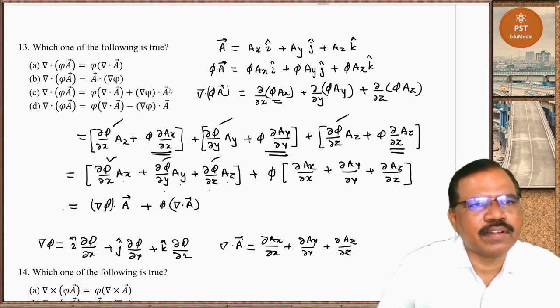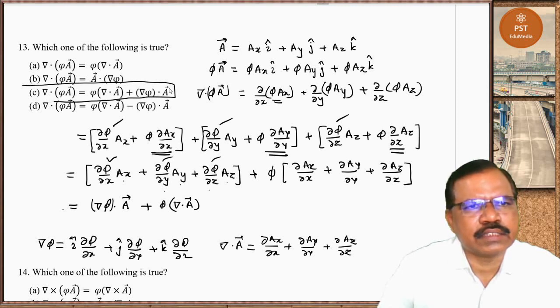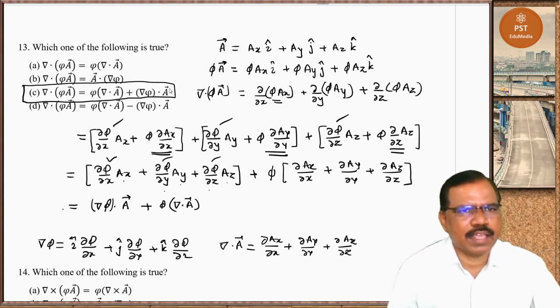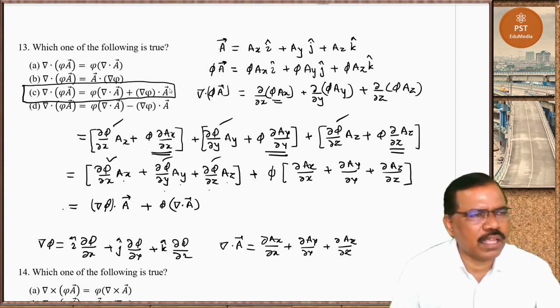So out of the 4 alternatives, this one is correct. Del dot phi a equals phi del dot a plus del phi dot a.